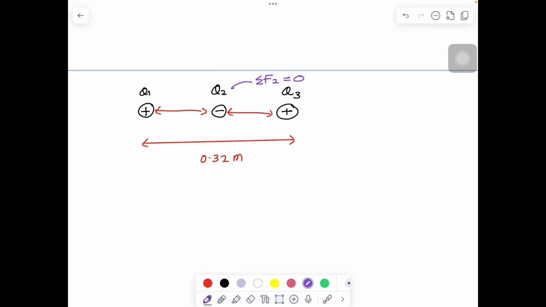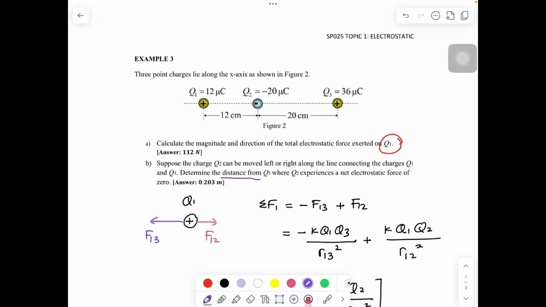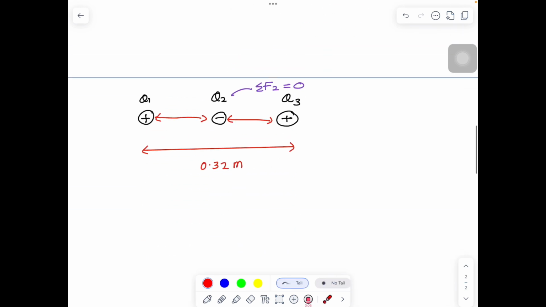Okay, so we want to find the distance. Distance daripada mana? Kita tengok balik. Distance from Q3, daripada Q3 kepada Q2. Maksudnya distance dekat sini, letaklah X value here that we want to find.